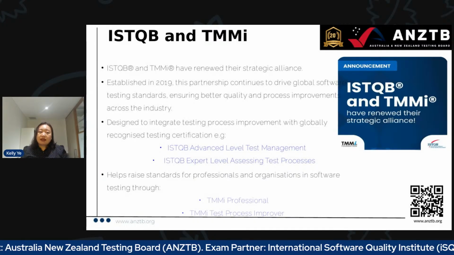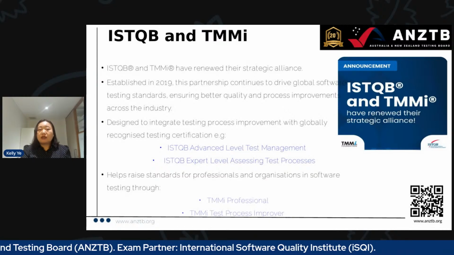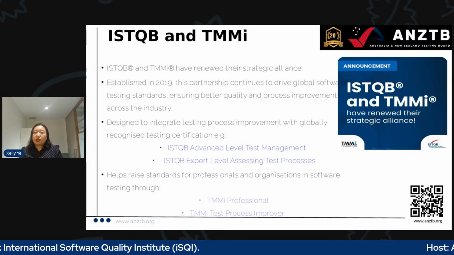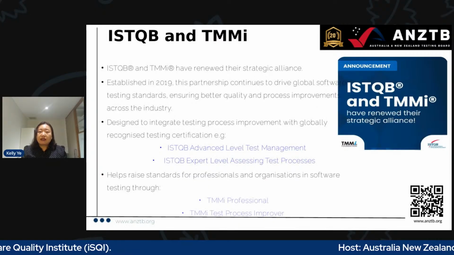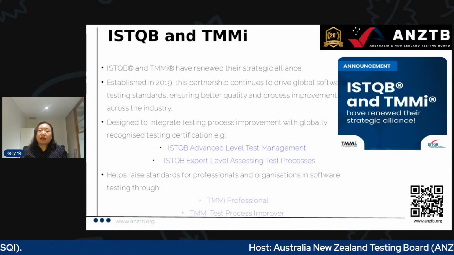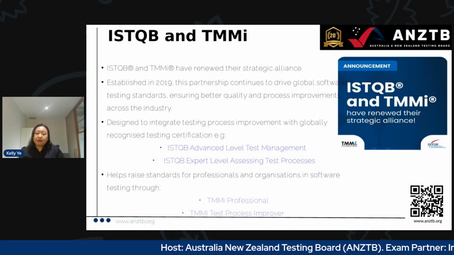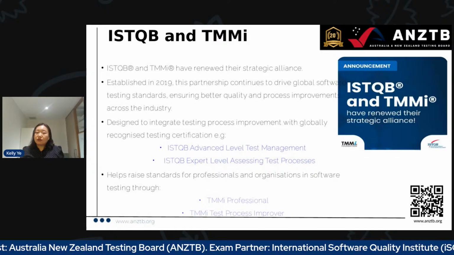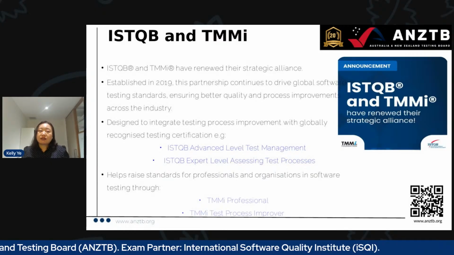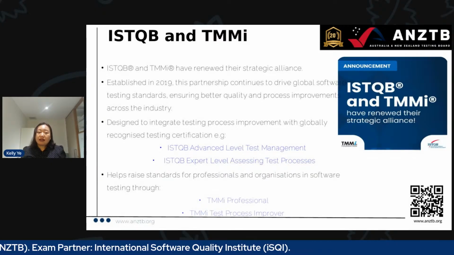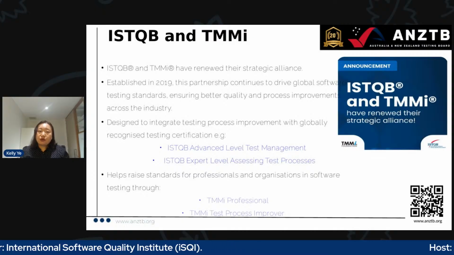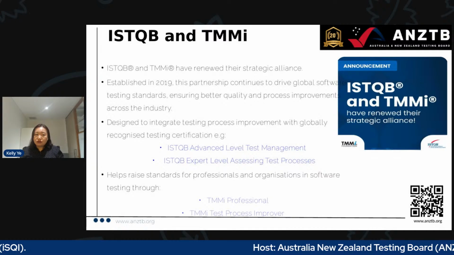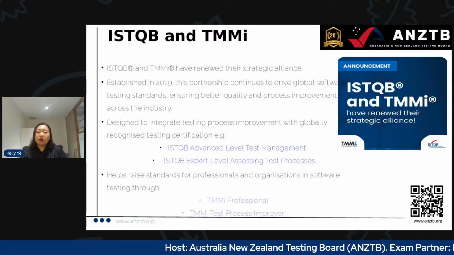On the opposite side, if you are going to adopt the TMMi framework, your team members holding ISTQB certification can enhance their skills and help implement TMMi in your organization more successfully. As a result, organizational process improvement and individual certification are no longer pursued independently. Now they align and mutually reinforce each other. So it's a win-win situation for both the organization and the individual if they want to make the organization more mature in the future.